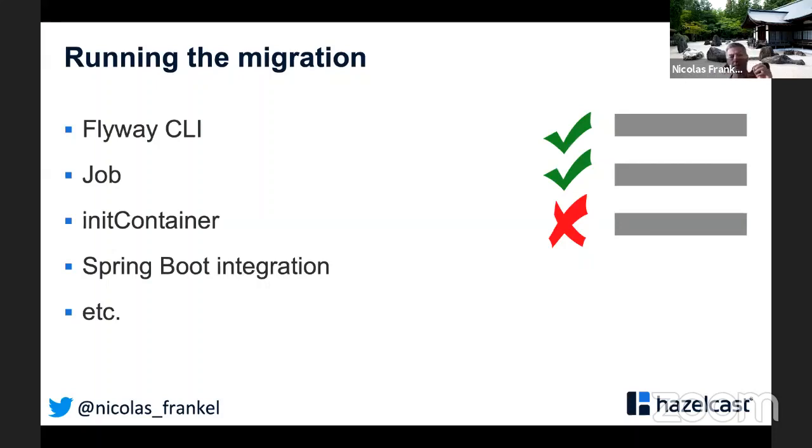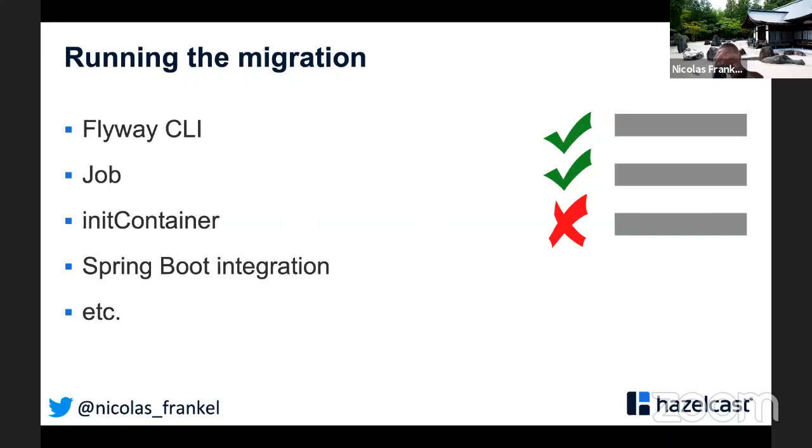Think about it. What I want to do is, the first time I deploy the first node in a rolling upgrade, I want the migration to be run. Meanwhile, all other pods that are deployed, because when Flyway executes the migration, it locks the table, will try to lock the table, but they will be waiting.